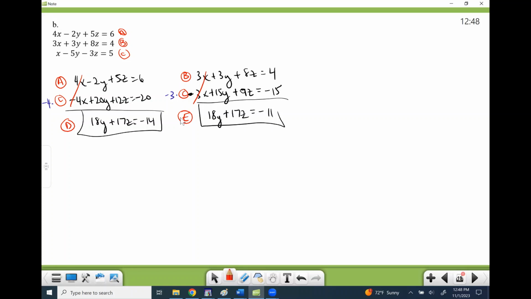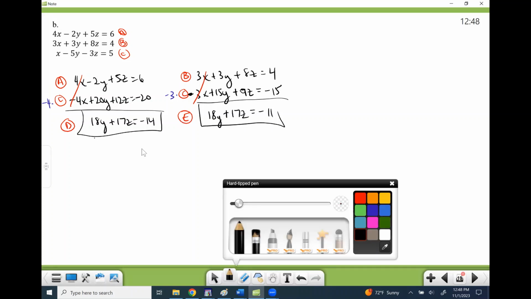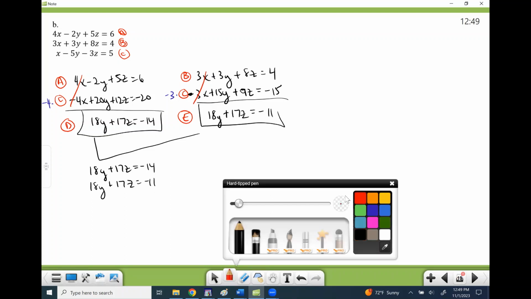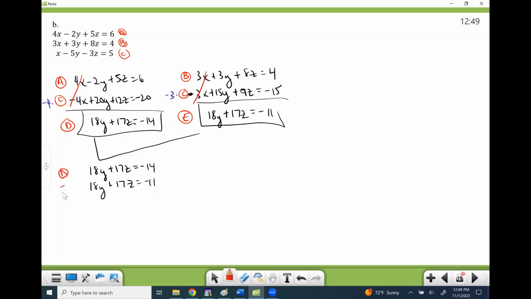Okay, so let's see what happens when we put D and E together. It really doesn't matter which variable we pick to get rid of, right? Okay, let's say that we pick the y's to get rid of.